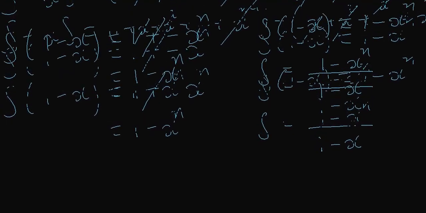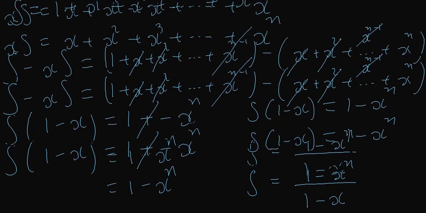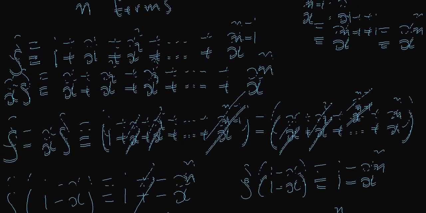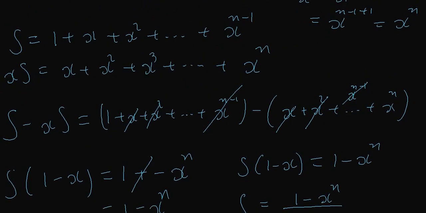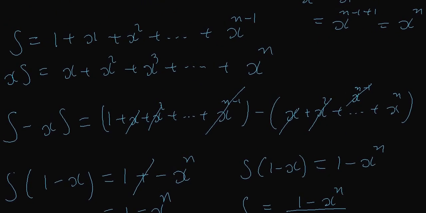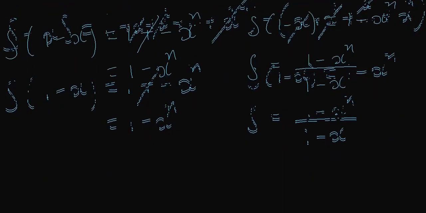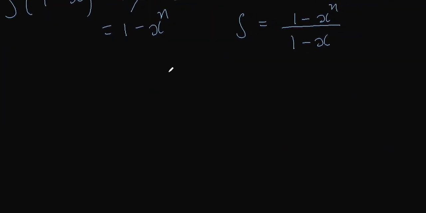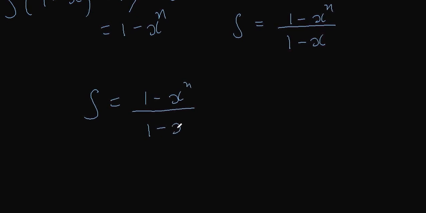So as you can see, we were able to find the sum by just multiplying the sum by x, and that's because x times the sum is inside the previous sum, except for the term x to the n. So the sum itself is equal to 1 minus x to the n divided by 1 minus x.